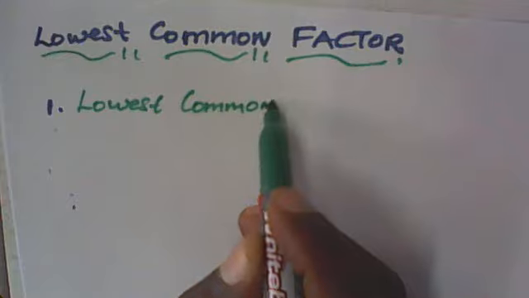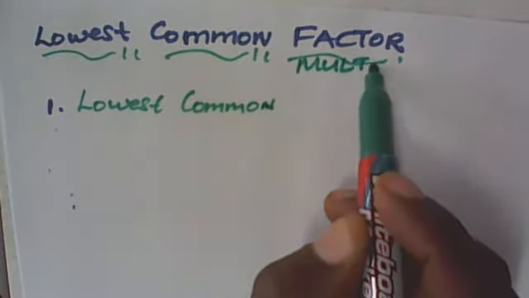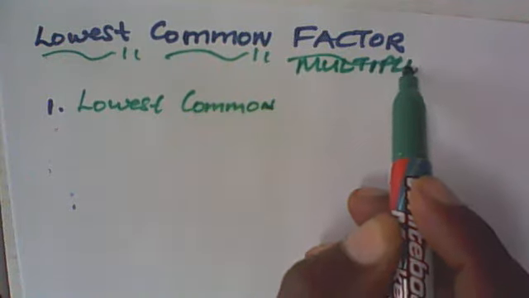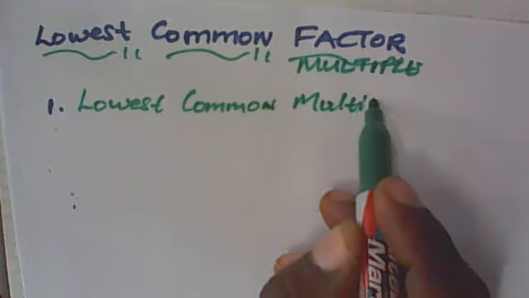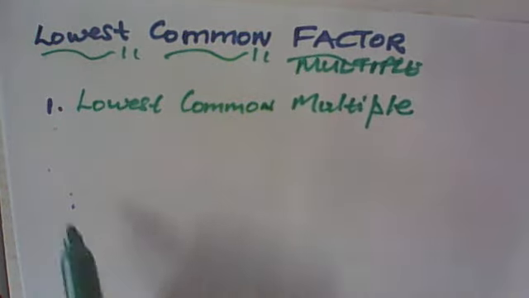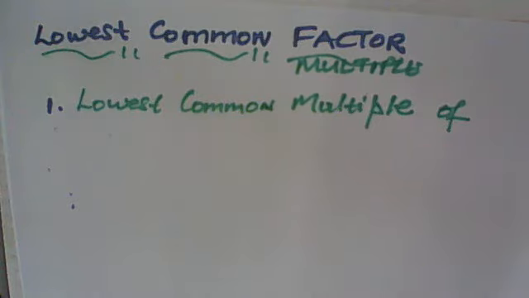Common factor or multiple. A multiple is a factor, guys. Multiple of 50.